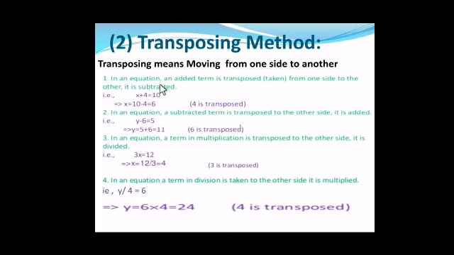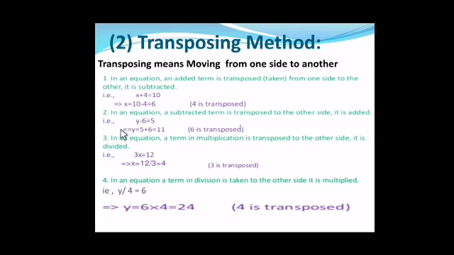In an equation, an added term, when transposed from one side to the other, is subtracted, meaning inverse operation is performed. If it was added, then what to perform? You have to perform subtraction. Let's see this example. X plus 4 equals 10. When you transpose this 4 to the other side, it will be subtracted. So x equals 10 minus 4. What is 10 minus 4? It is 6.